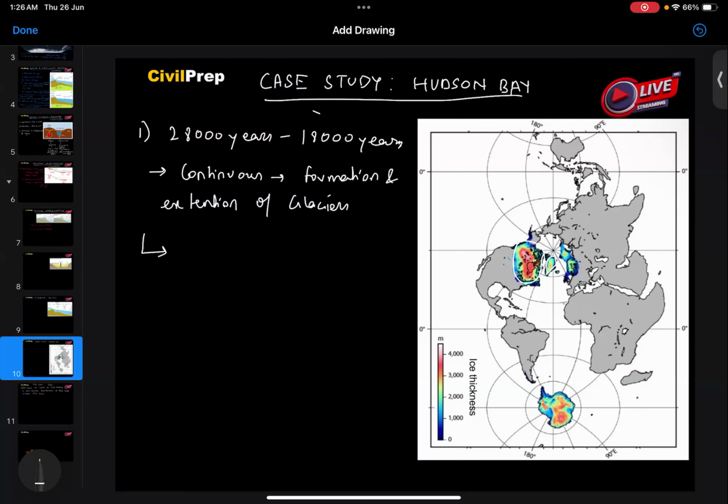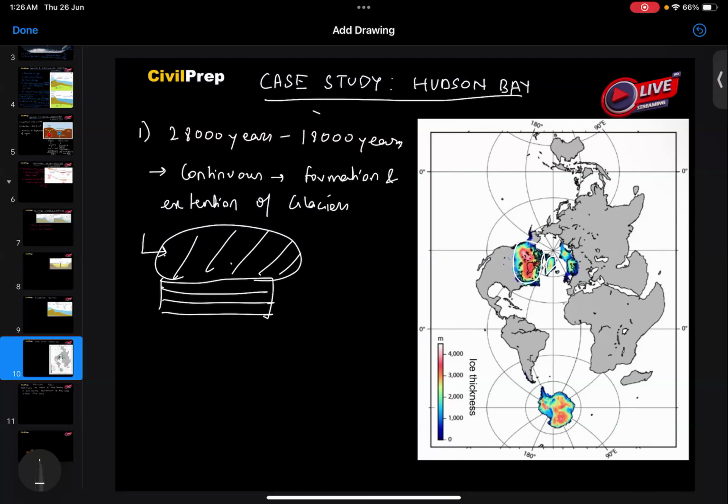So because of this, the region saw a large amount of glacier here. Because of the weight of the glacier, the land which was present here subsided. Okay, it subsided here, resulting in the isostatic adjustment.